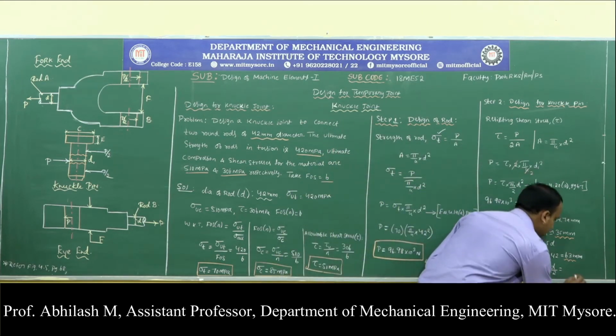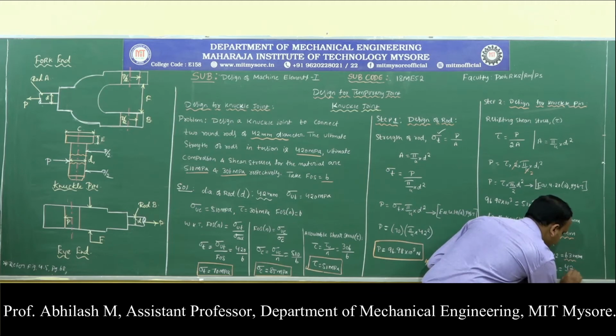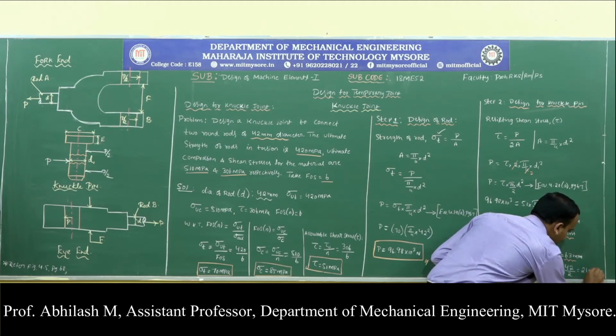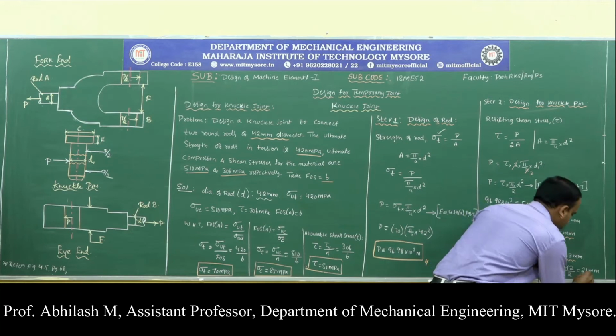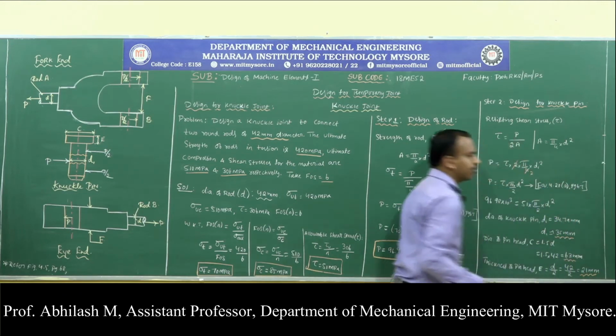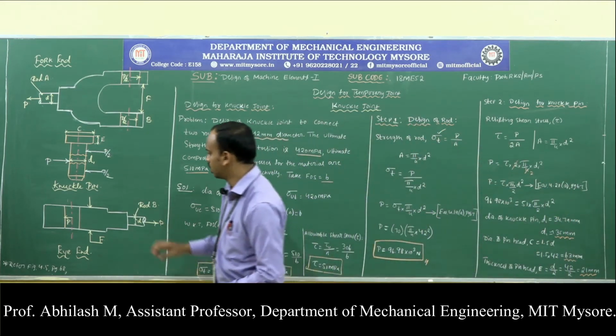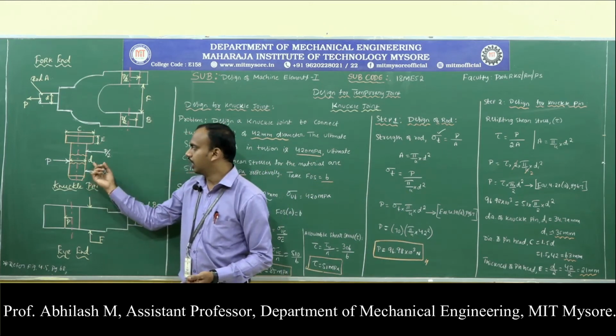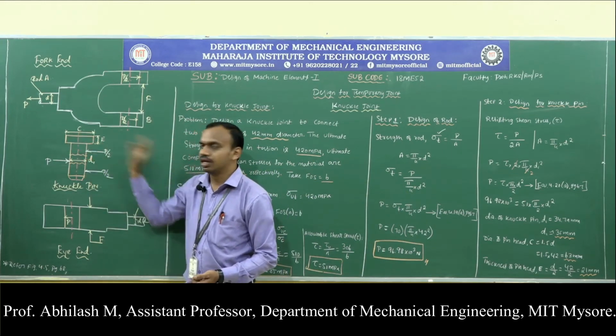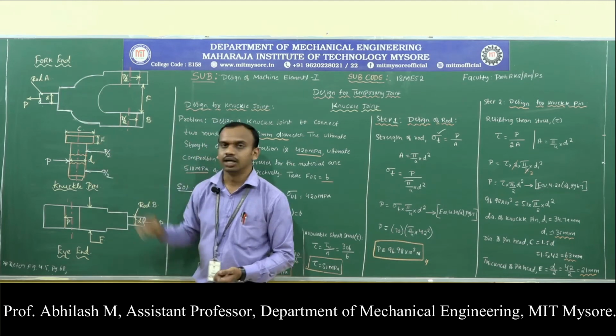So what is D? D is 42, divided by 2 gives us the value of 21 millimeter. Now I have calculated d1, C and E with respect to the knuckle pin.